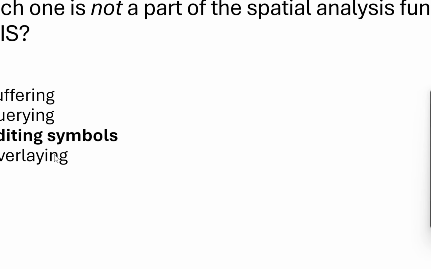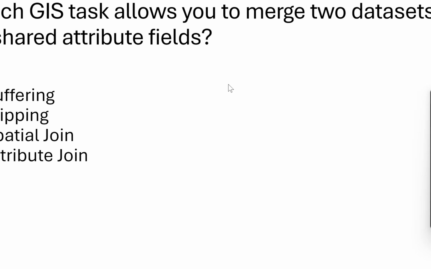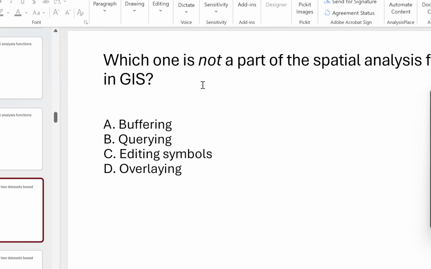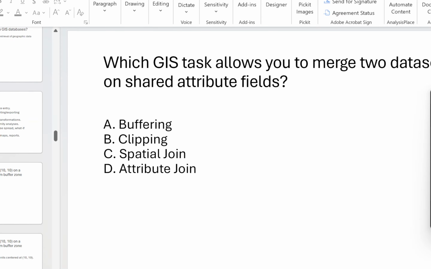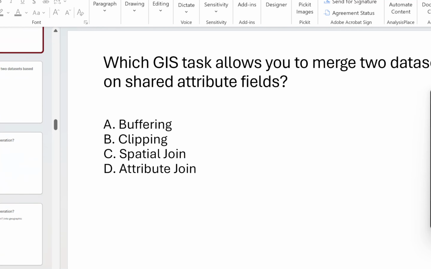So this is basically part of spatial analysis. And querying also we will cover later. This also is related to spatial analysis. Querying, let's see, I'll cover this today or not.